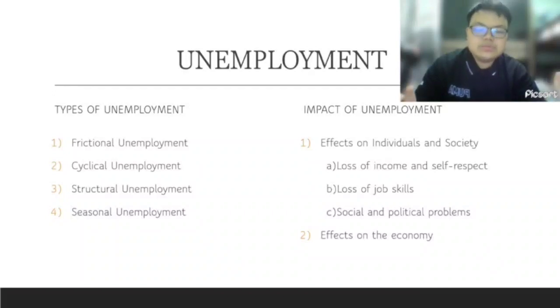Unemployment rises during recessionary period and declines during period of economic growth. The third is structural unemployment. Structural unemployment comes about through technology change in the structure of economy in which labor market operates.